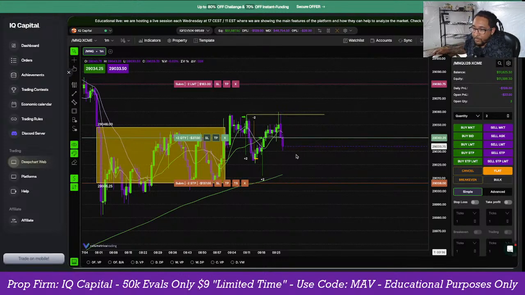It looks like what's going on now, as we get closer to the open, price may want to shoot to the downside first before heading up. So we shall see.